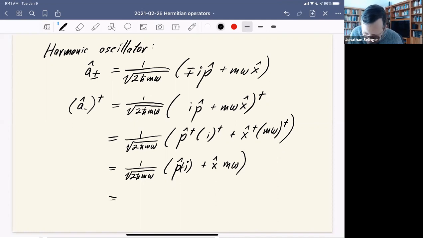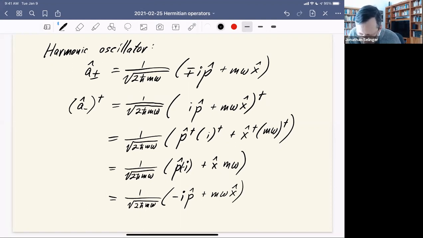So now I can simplify this by moving the constants back in front of those operators. So I get negative I p hat plus m omega x hat. And here with the negative I, that is equal to A plus.